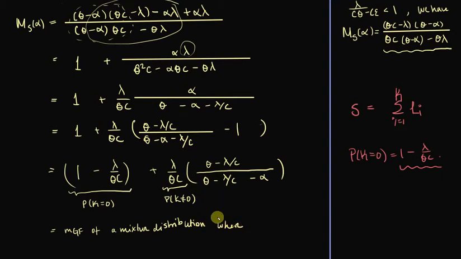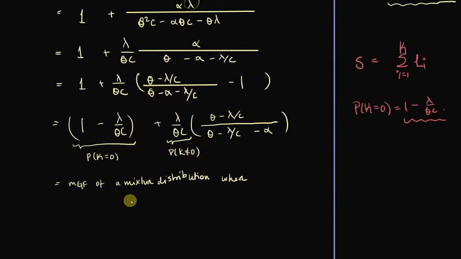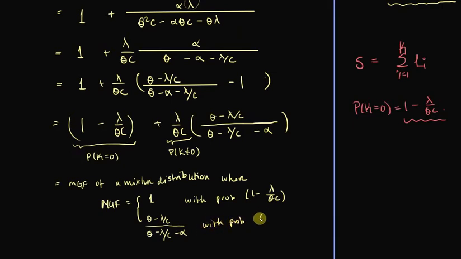Where the moment generating function is equal to one with probability 1 minus lambda divided by theta c, and it is equal to theta minus lambda divided by c divided by theta minus lambda divided by c minus alpha with probability lambda divided by theta c.